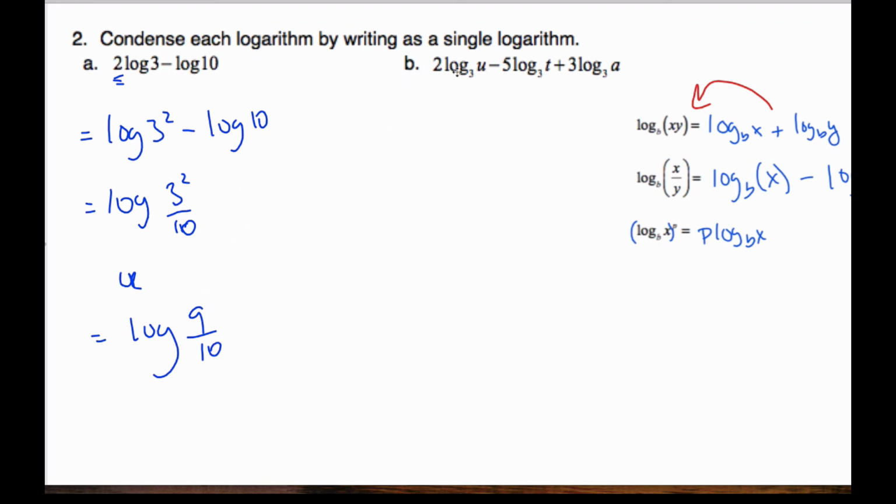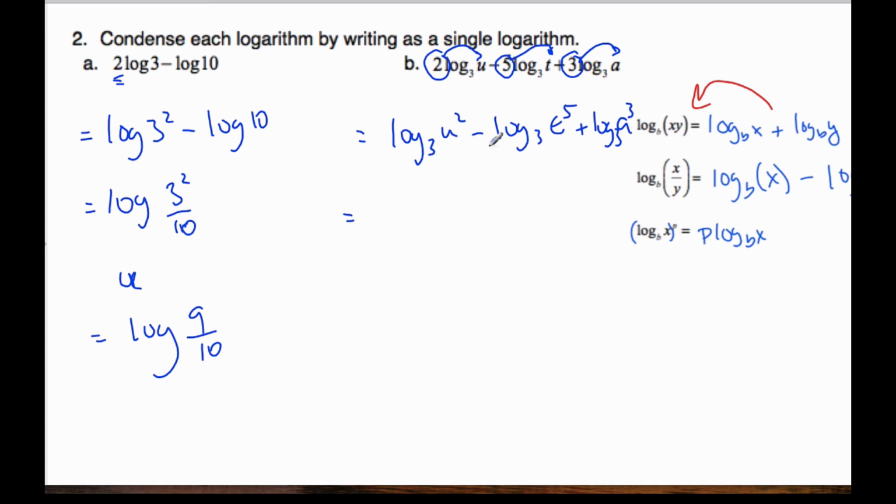All right, so here we're going to do this as well. This 2, using the property, will go into the exponent. This 5 will go into the exponent. And this 3 will go into the exponent. So I end up getting log base 3 u squared minus log base 3 t to the 5th plus log base 3 a cubed.